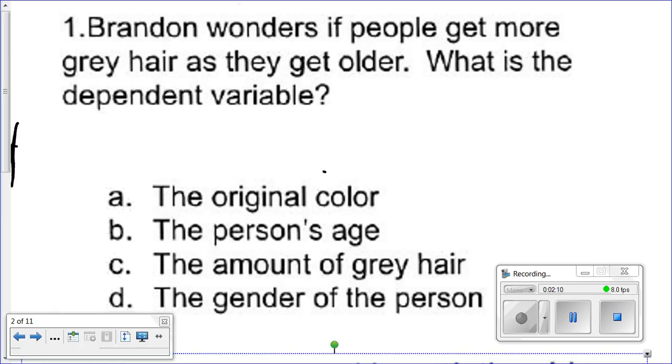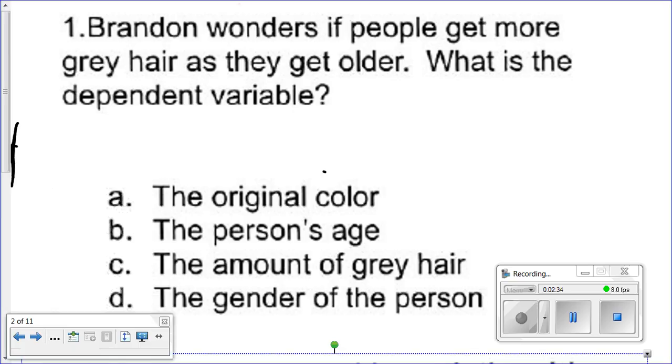Okay, typically that's the way it works out. There's not too many babies born with gray hair, and there's not too many children with gray hair. Typically the aging is going to happen, and then the result will be the gray hair. So the gray hair sort of depends on the aging happening.